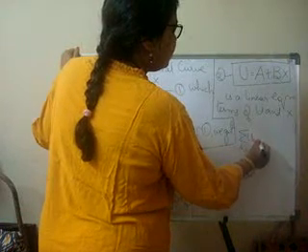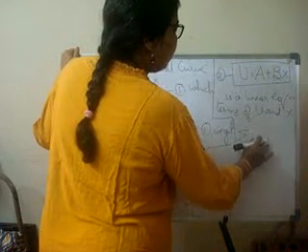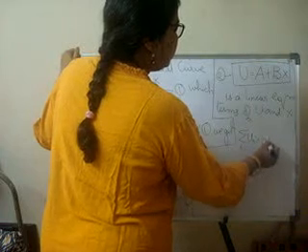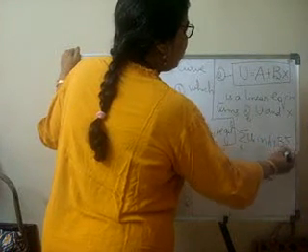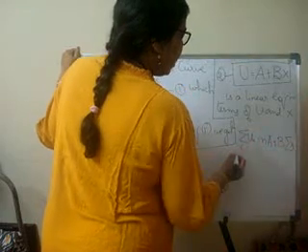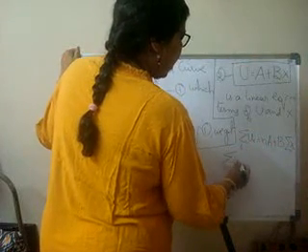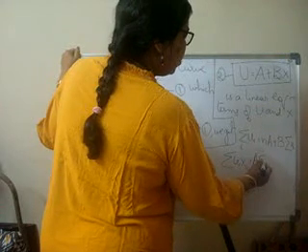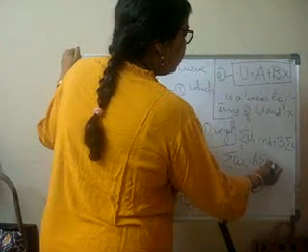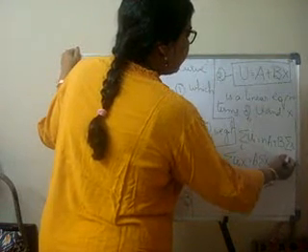Summation ui is equal to nA plus B summation xi, and summation ui xi is equal to A summation xi plus B summation xi square.